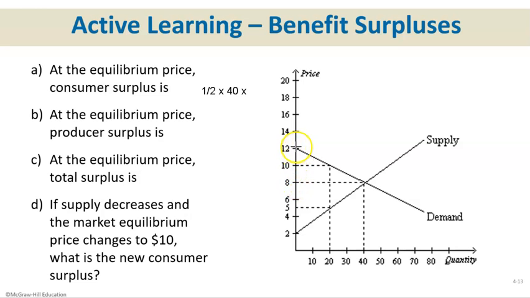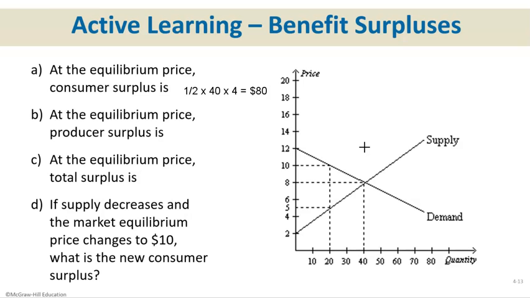So it's the difference between 12 and 8. You can subtract and you get 4. Right? And then just throw this in the calculator. So this will give you $80. That's the total benefits for a consumer.